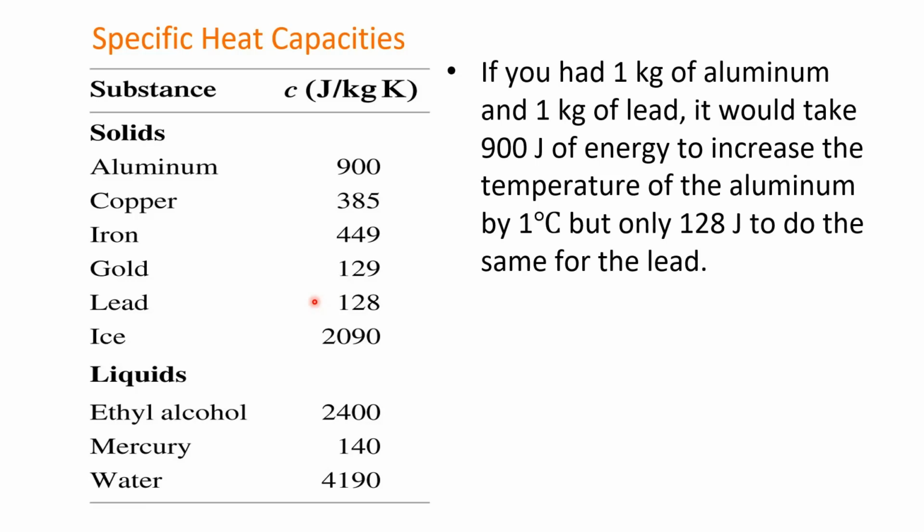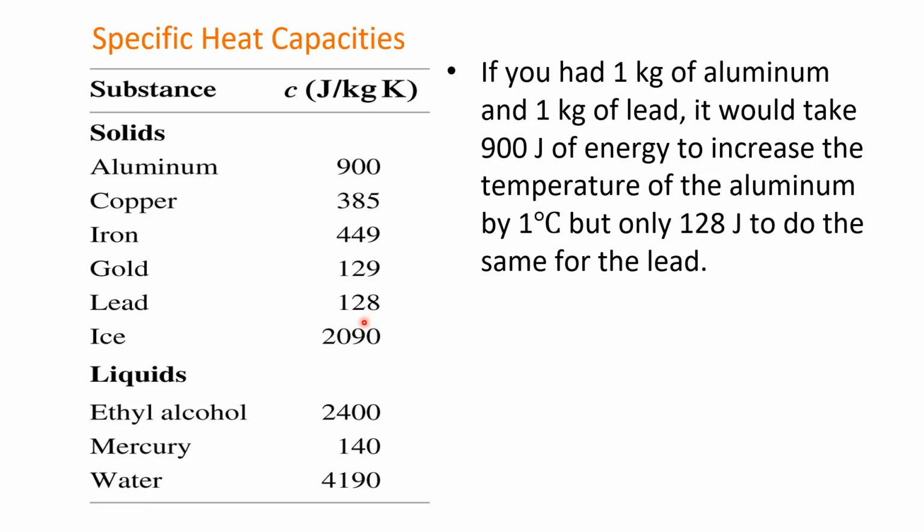If you had 1 kilogram of aluminum and 1 kilogram of lead, it would take 900 joules of energy to increase the temperature of the aluminum by 1 degree Celsius. That's what the 900 means. In comparison, lead would only require 128 joules to do the same. So that would be the increase of 1 degree Celsius.